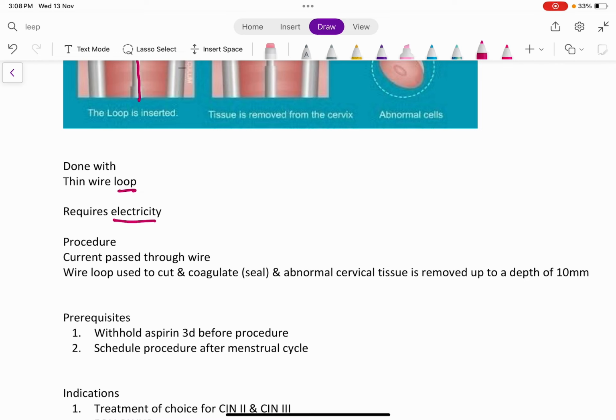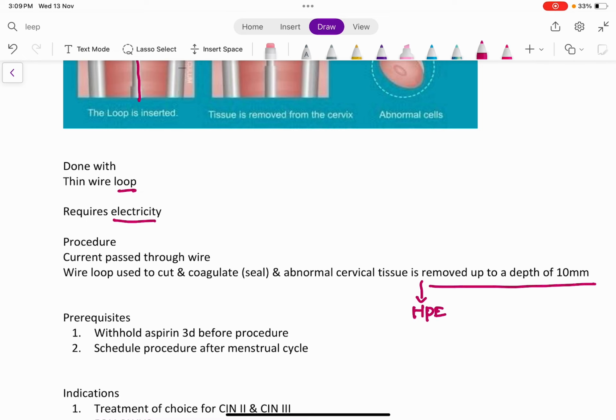Now you may have a doubt about the actual depth this thin wire loop can remove. It can remove up to a depth of about 10 millimeters from the cervix. After removing this, you subject it to histopathological examination.